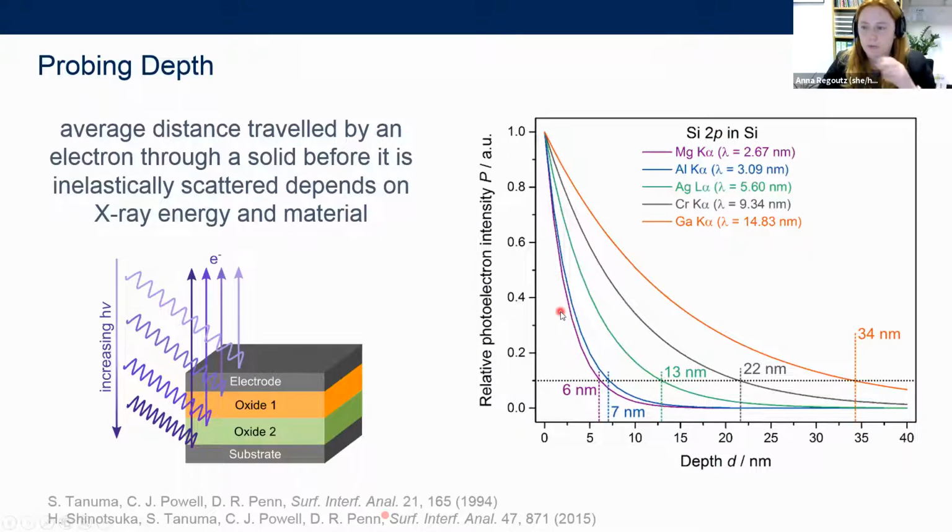And you can see in pure silicon, for one of the main spectral lines of silicon, you can have a maximum probing depth really of 6 or 7 nanometers only. Whilst if you go to the hard X-rays, you can multiply that significantly and you can look much deeper into matter. You get to tens of nanometers, and those are often the length scales that in electronic devices nowadays you're interested in. So this is why we go from the soft to the hard.